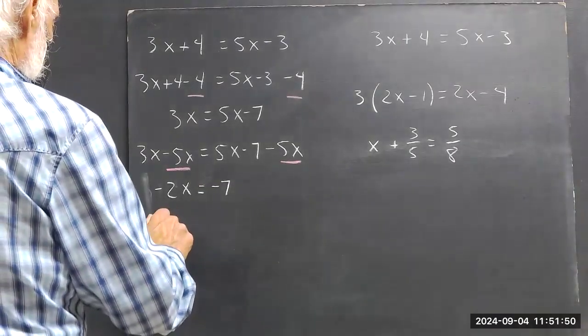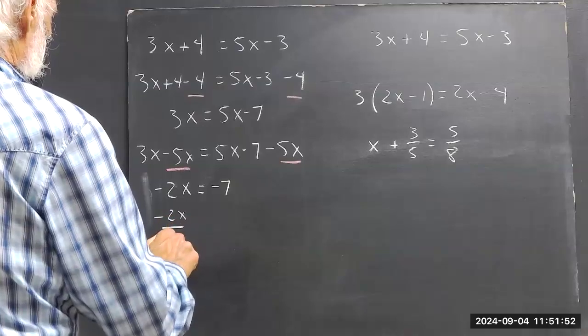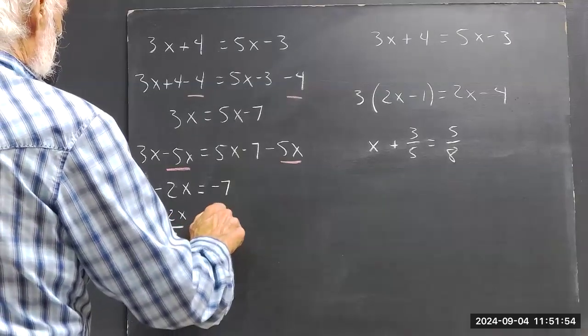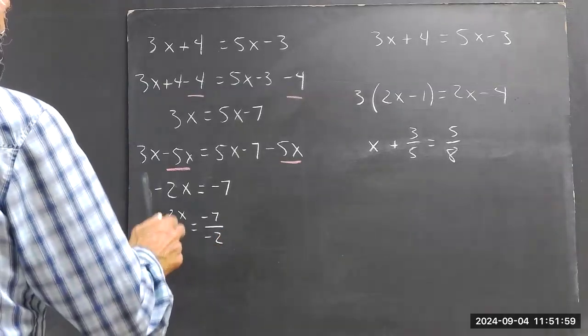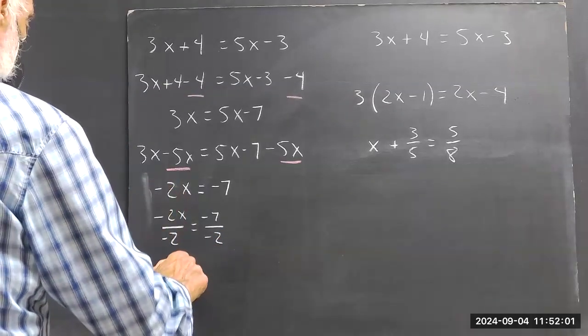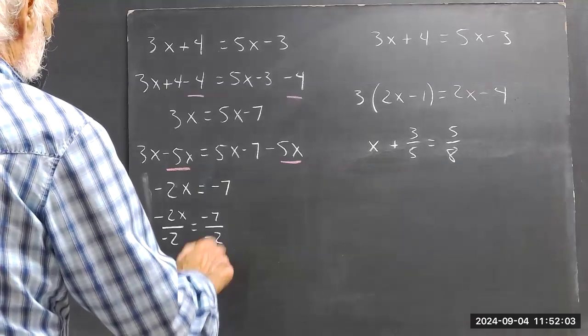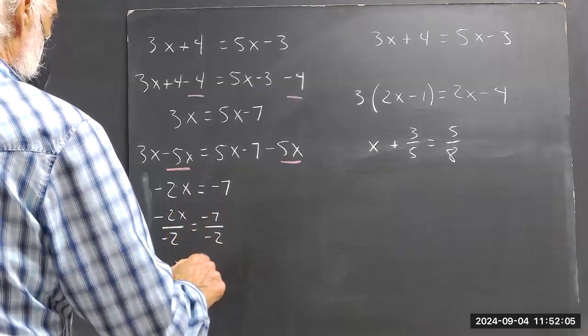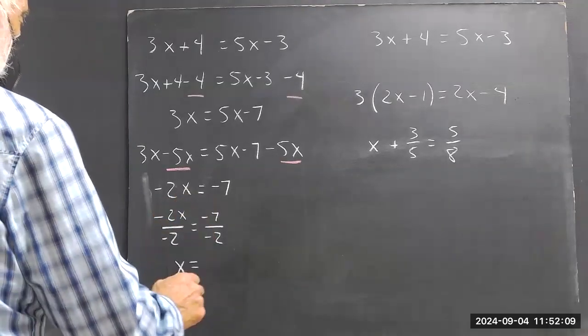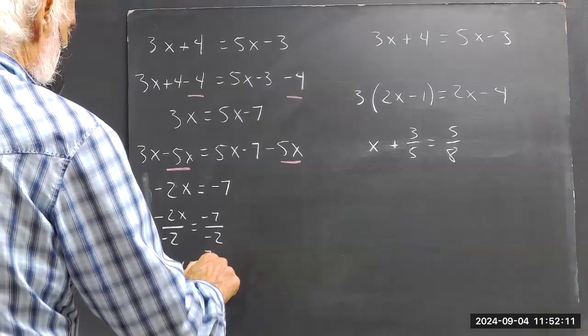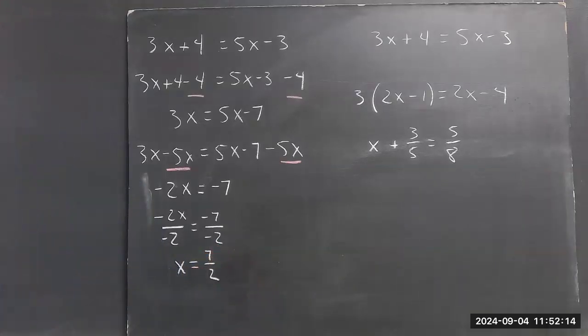Now we can say, negative 2x over negative 2 equals negative 7 over negative 2. If you divide negative 2x by negative 2, it leaves you x. And negative 7 over negative 2, these are both negatives, so if we divide two negatives, we get a positive, and it's just plain old 7 halves.